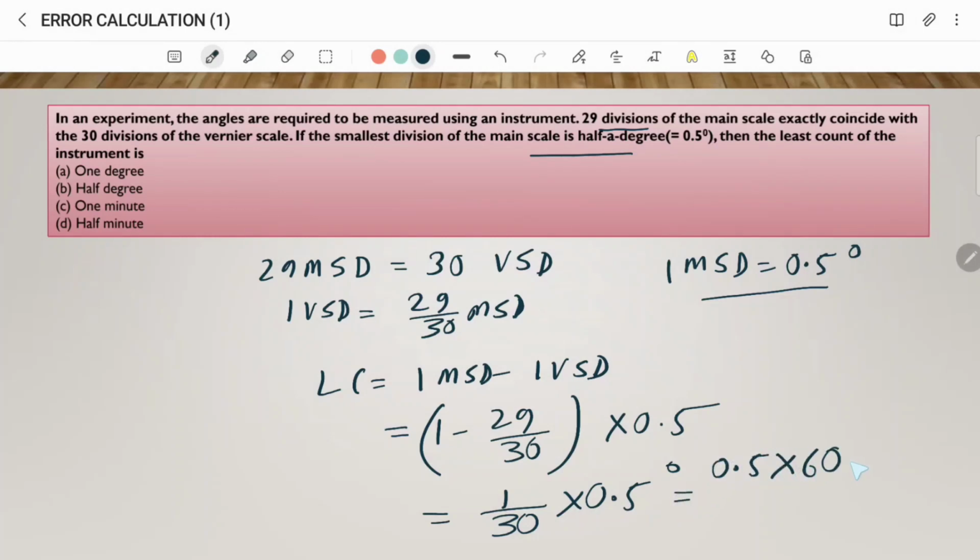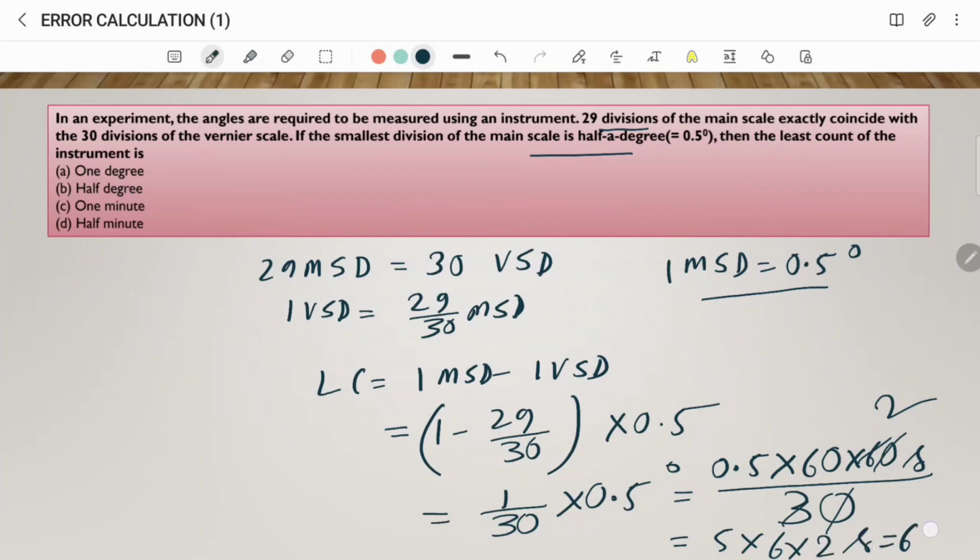So let us multiply this by 60 minutes and make it 60 seconds, divided by 30, which becomes 60 seconds. So our scale can measure up to 60 seconds or 1 minute. That is the least count. So let us look at our options here. This 1 minute is our answer.